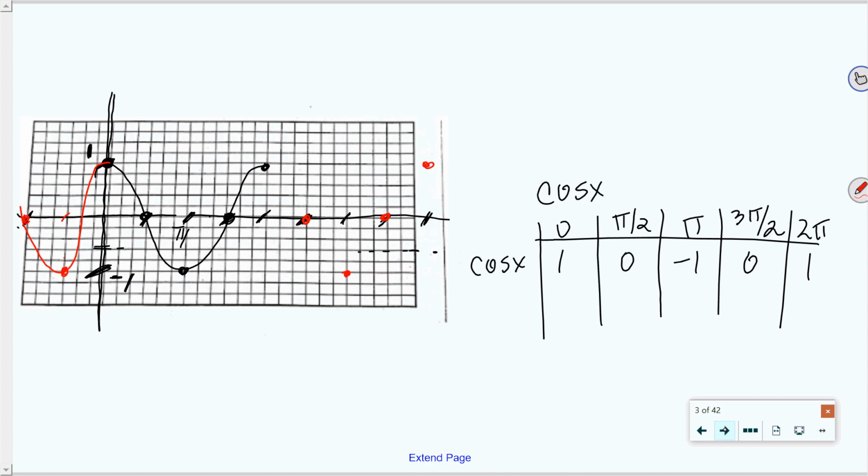And I have my cosine graph. Again, cross the y-axis, at least 2 periods. Fill that graph from left to right.